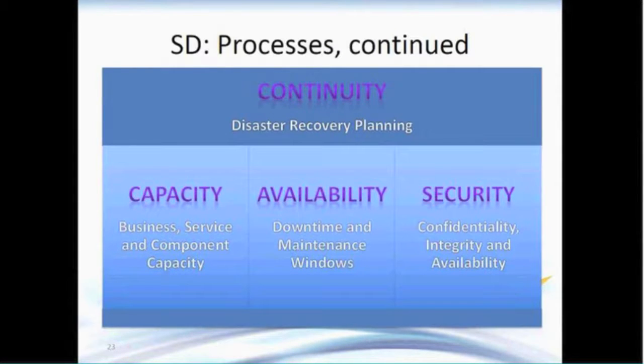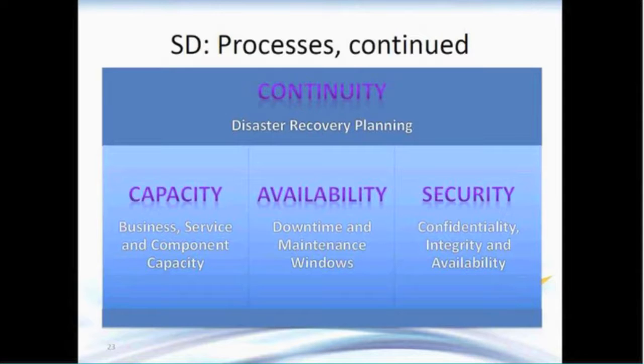If you look at something like a financial management system, you may not have that much activity on a particular financial application or service during the month, but on the last day of the month when you're closing the books, that capacity needs to be in place so that there's sufficient availability of the system for everybody who needs to do end-of-month reporting. So capacity and availability are closely aligned in that way.